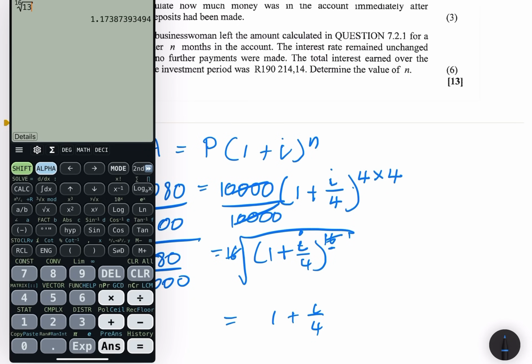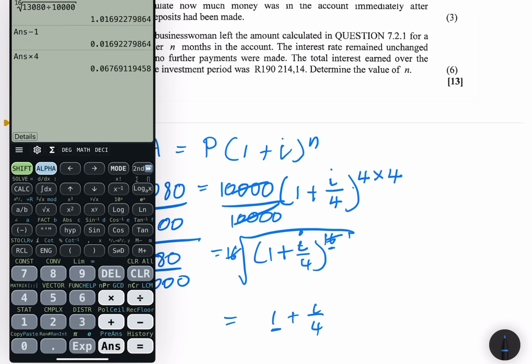So that's 13,080, and then that's divided by 10,000. Okay, all right, so I get that value there. In this case, it gives me 1 point something, and I'm going to now subtract 1. So remember, we've got this 1 here. I'm going to subtract 1, and I am going to multiply by 4.